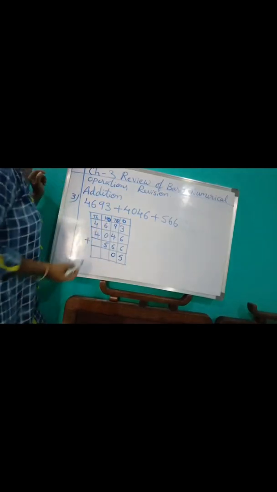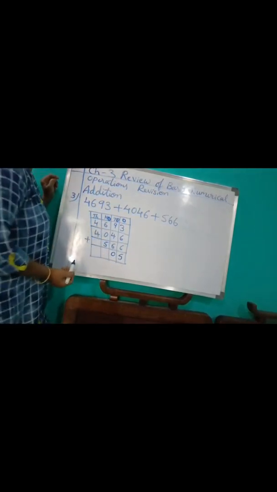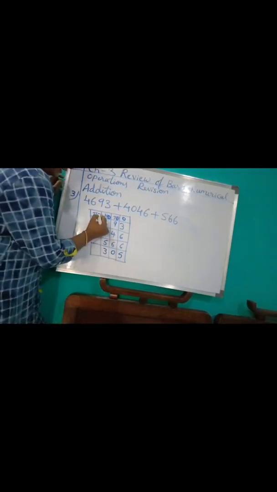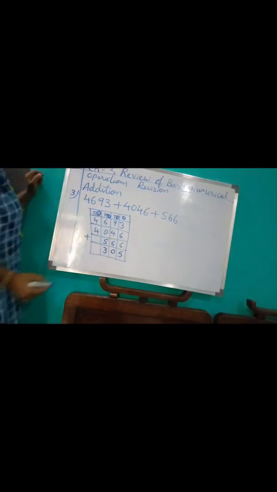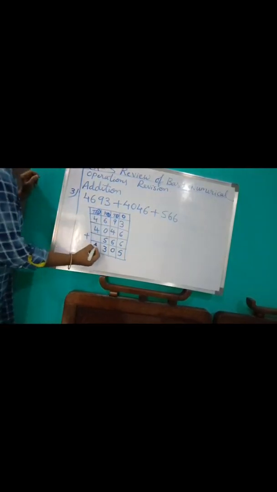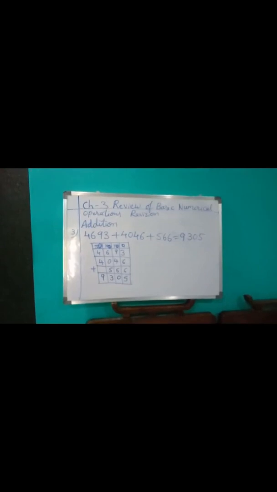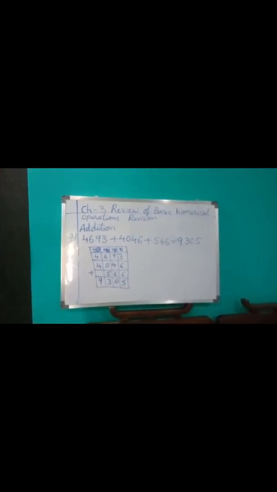Again, 6 plus 2, 8. 8 plus 0, 8. 8 plus 5, 13. 3 here, 1 carry forward. 4 plus 1, 5. 5 plus 4, 9. What is the answer? 9,305 is the answer. Write it fast, children.